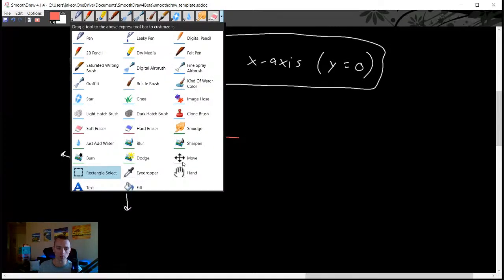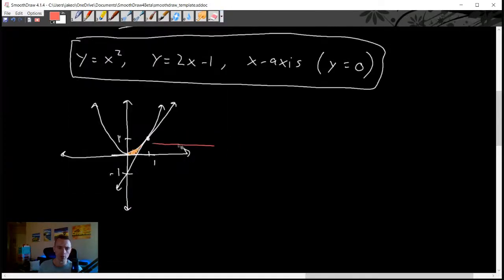First, we'll start with the horizontal line. So notice as this horizontal line cuts through this orange shaded region here, think about where the right edge of this orange area and the left edge of this orange area intersect with this horizontal red line. You can see all the way through that whole region, the right edge of this orange area is this line function that we have here.